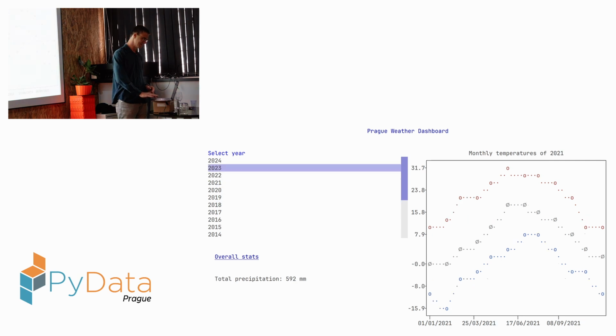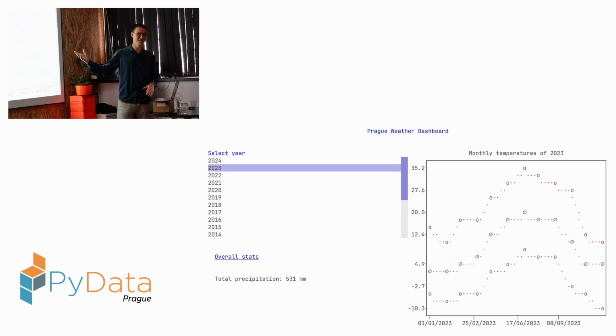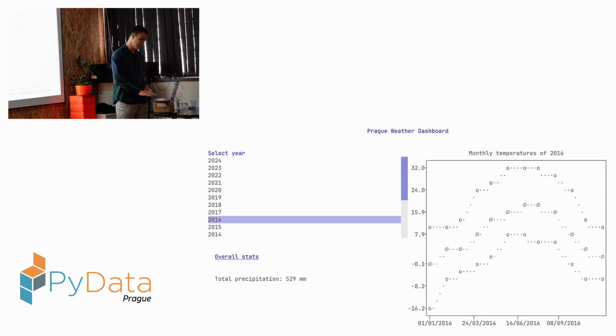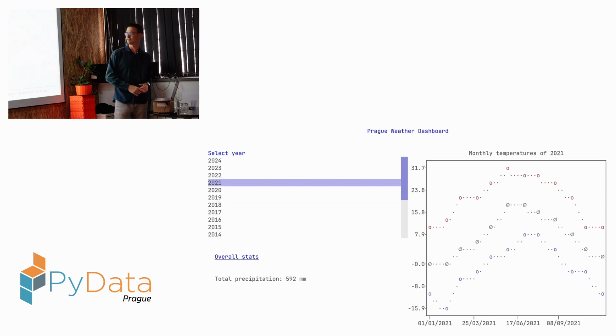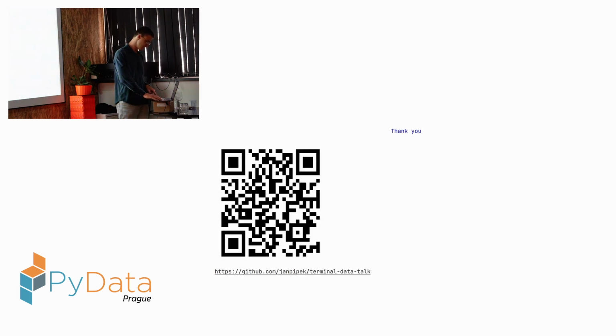The code of this application does not fit on one screen, so I'm not showing it here, but it's like 2 or 3 screens, which is not very difficult either. So if you wanted to do any dashboards, I would definitely recommend using Textual and those two external libraries.